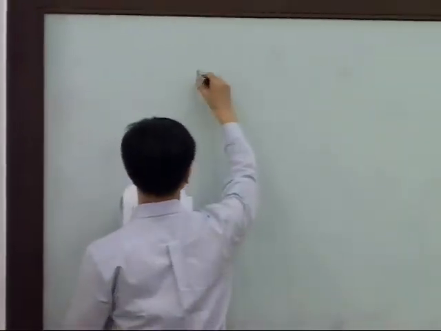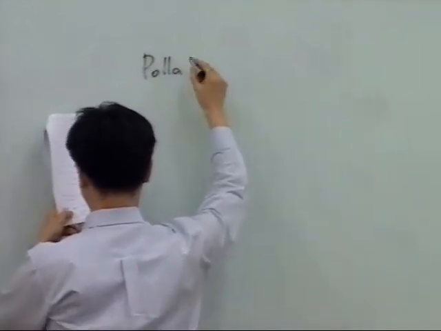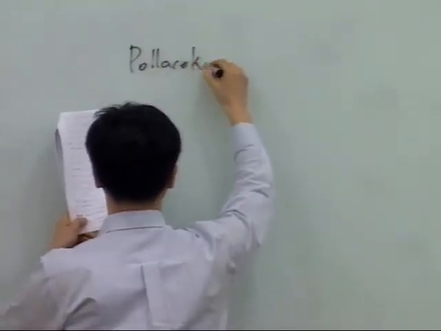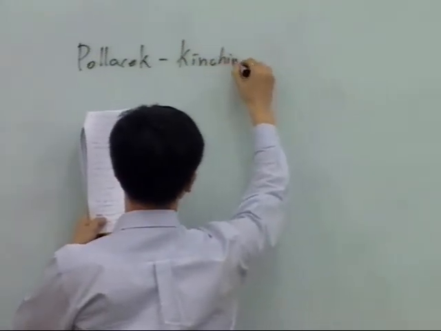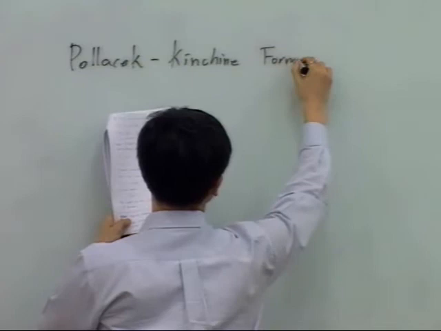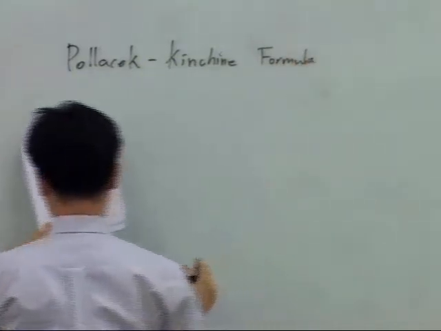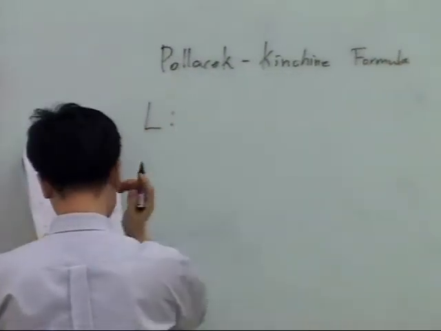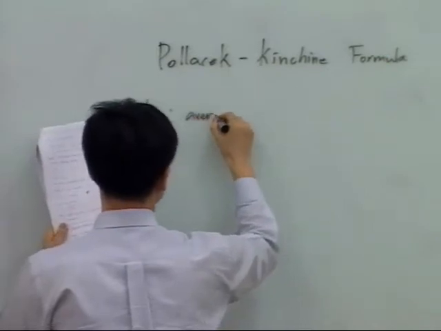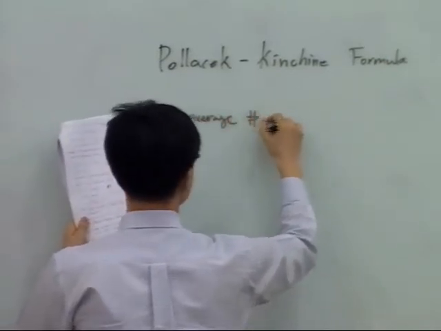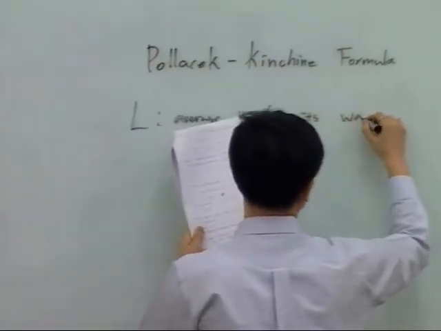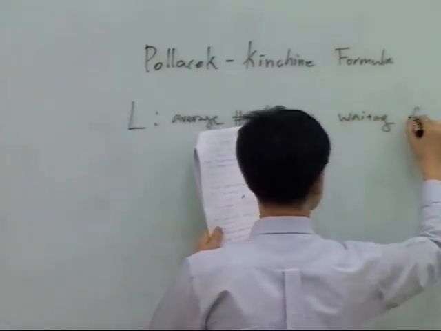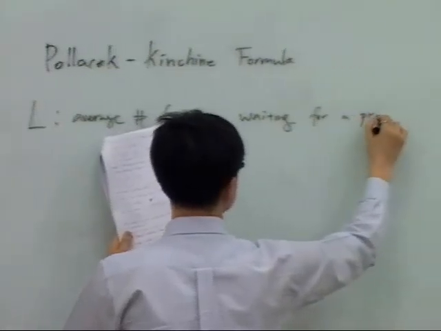I'd like to introduce something called the Pollaczek-Khinchine formula. Let's say L is the average number of units waiting for a process.